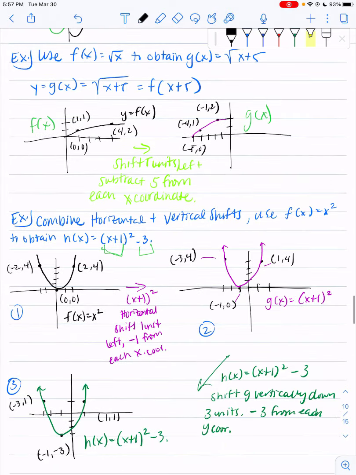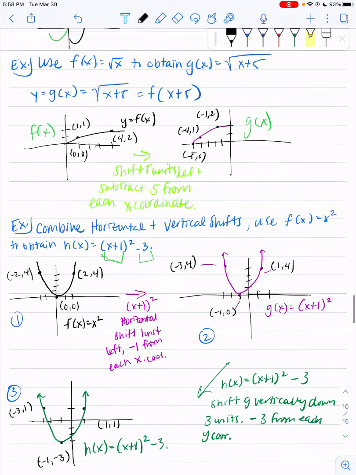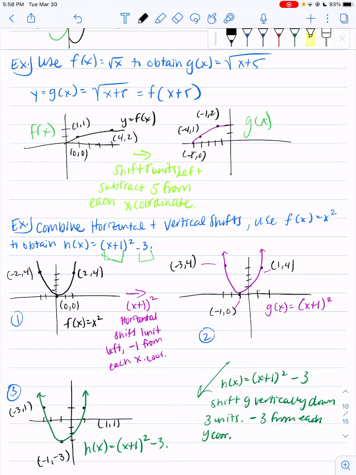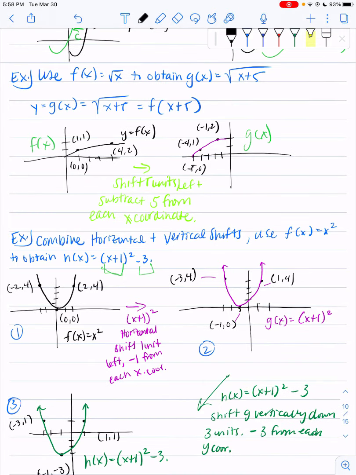Okay, so I have points from our original function. I have 0, square root 0, which is 0. I have 1, 1 because the square root of 1 is 1. And for 4, the square root of 4 is 2. So these are points from my original function here.